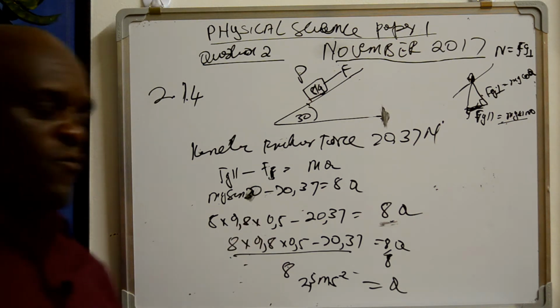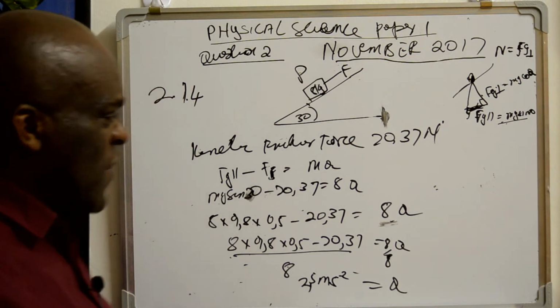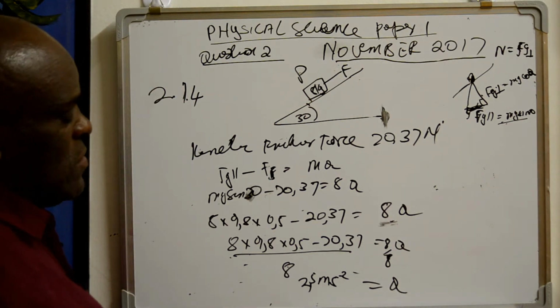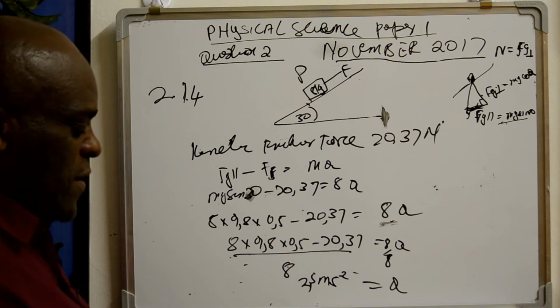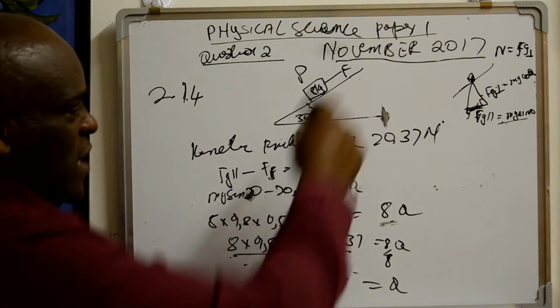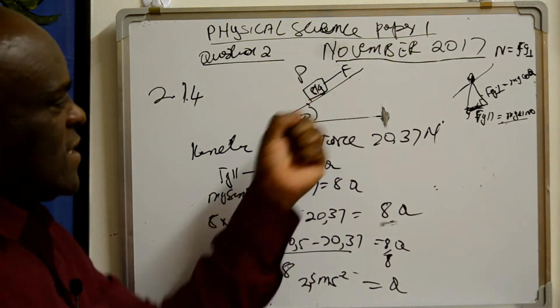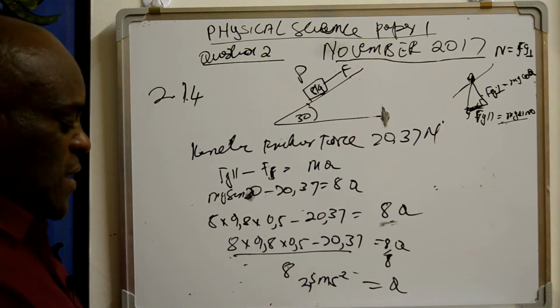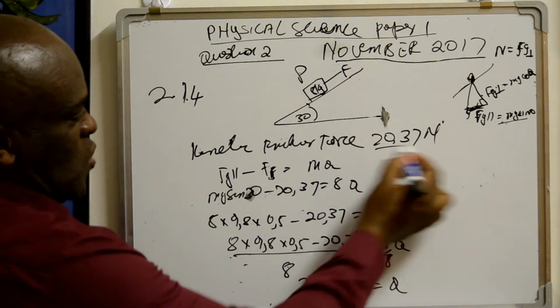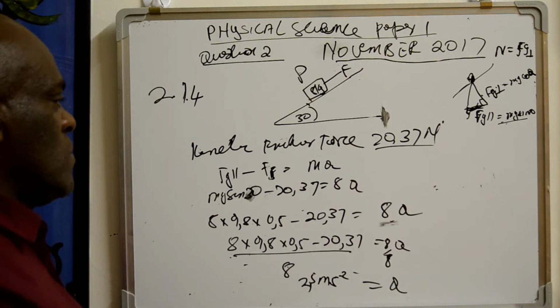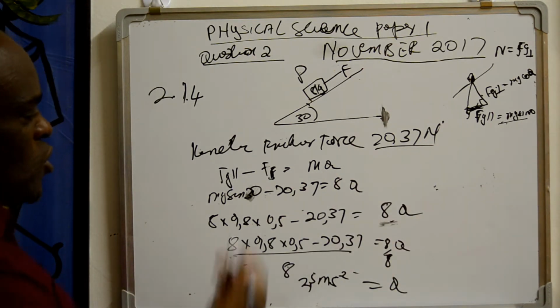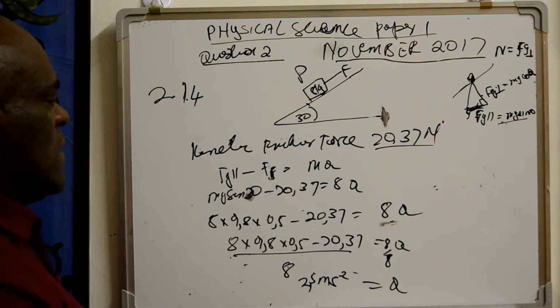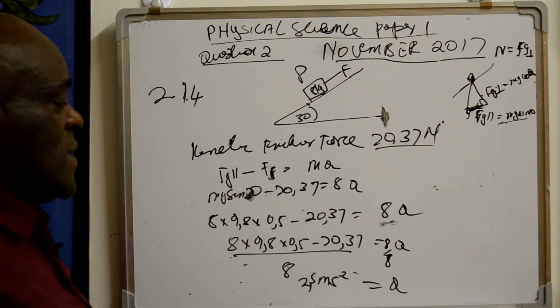To summarize this question, 2.14, they said force F is now removed, taken out. When this is taken out, the block accelerates downwards. Then the kinetic friction force, we said, is 20,37 Newton. Then we talk of F net, which is mass times acceleration.